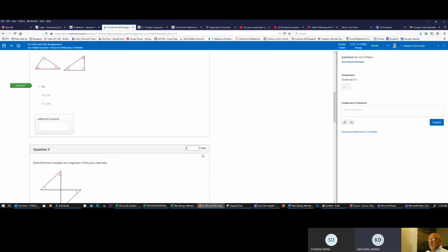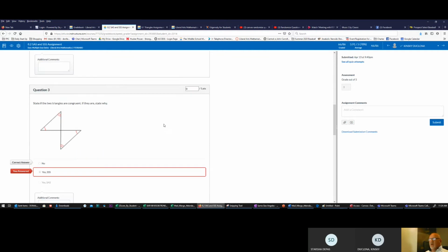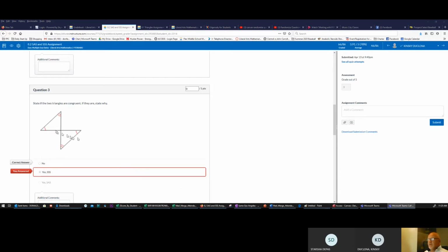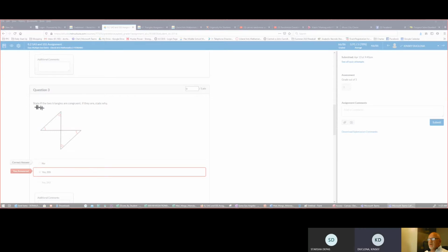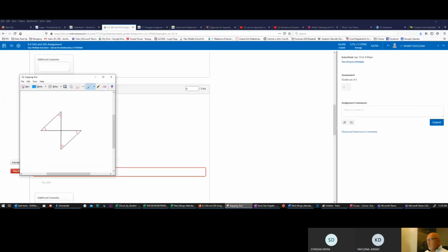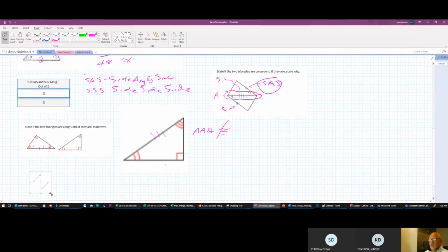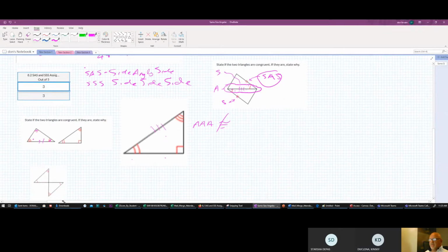Now, let's come down here. So you answered yes here. Side, side, side, right? Why would this not be congruent?